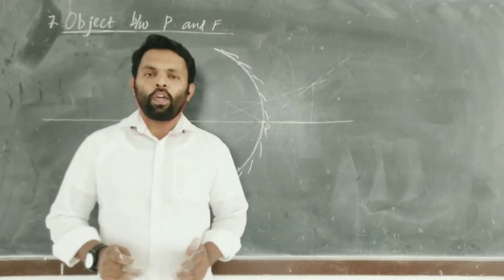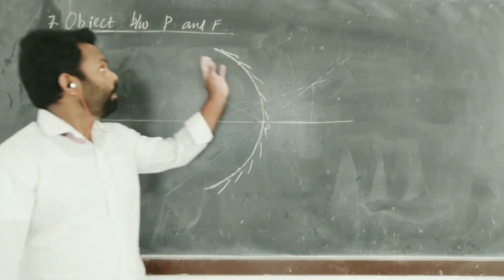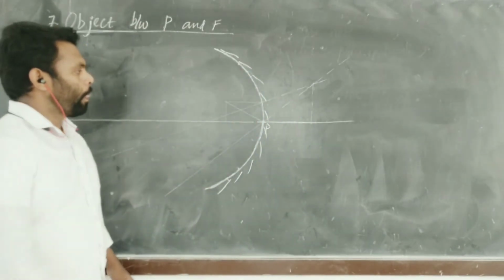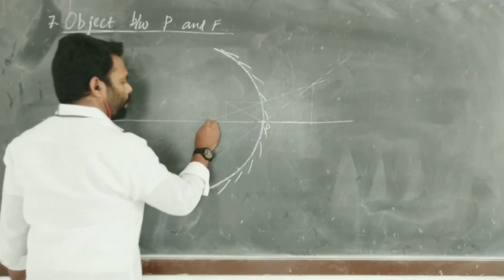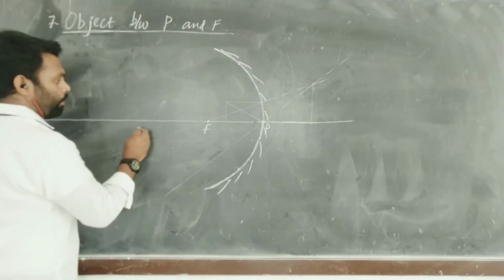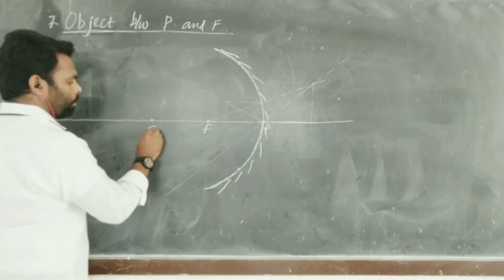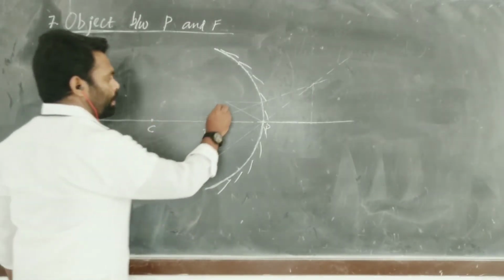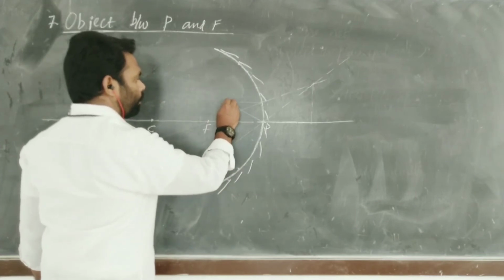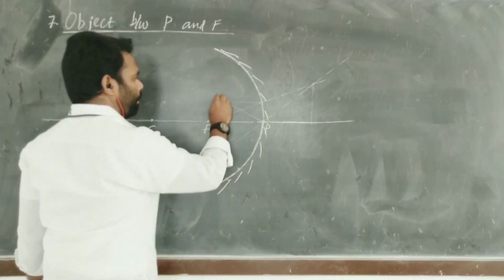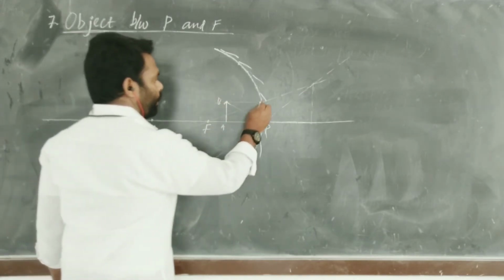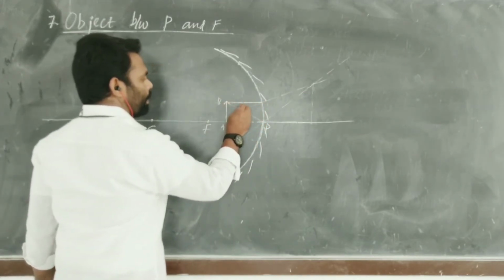Last ray diagram for concave mirrors: object between pole and focus. Let us take a concave mirror, principal axis, focus, and center of curvature. Let us take the object between focus and pole, object A, B. First light ray is parallel to the principal axis.